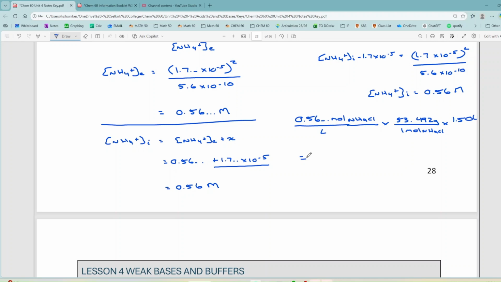So I'm going to take that 53.492, times it by my recall A, or my 0.56, and then times that by 1.5. And I get to 2 sig figs 45 grams of the ammonium chloride was originally added into the solution.